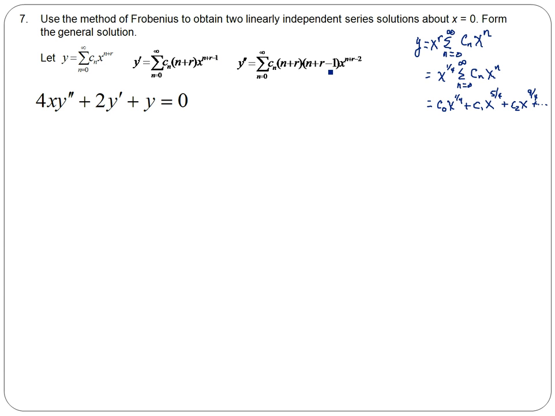And for the second derivative, you'd bring down the n plus r minus 1, and decreasing the exponent by 1 will give you an n plus r minus 2. Substitute those into the differential equation. Notice I have 4x times my second derivative term, plus 2 times my first derivative term, plus y.